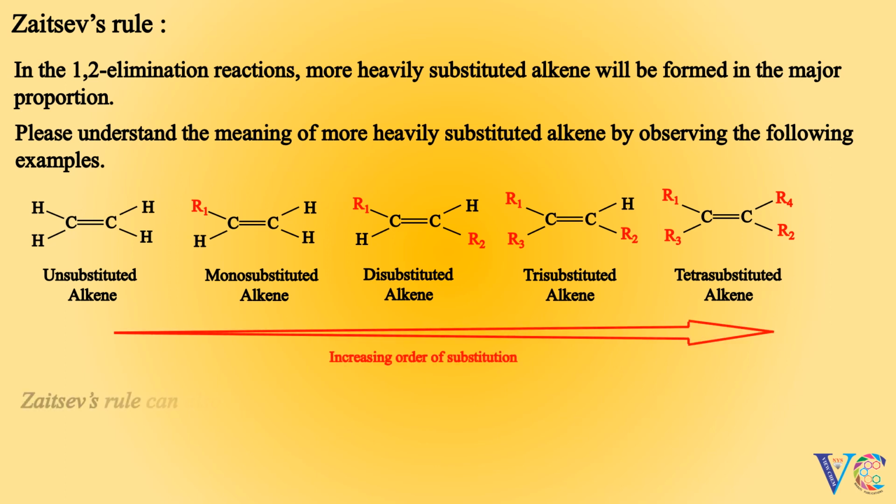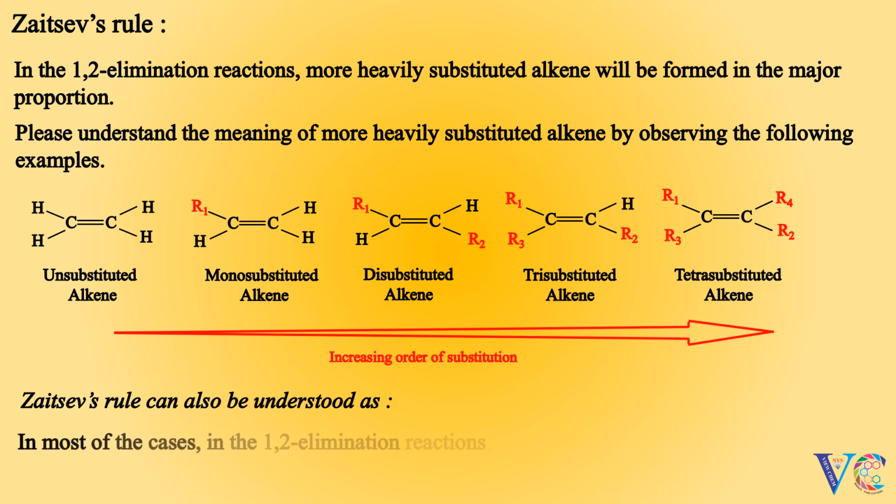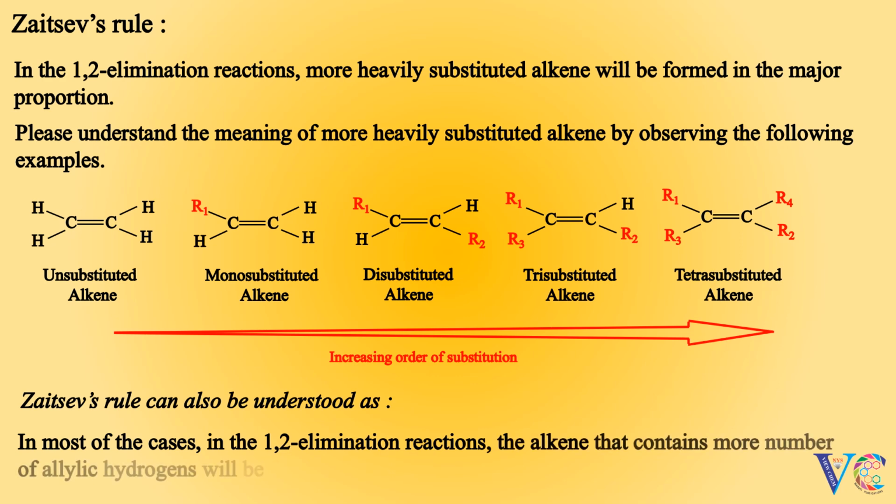Zaitsev's rule can also be understood as: in most of the cases, in the 1,2-elimination reactions, the alkene that contains more number of allylic hydrogens will be formed in the major proportion. Let us consider the dehydrohalogenation of 2-bromobutane.